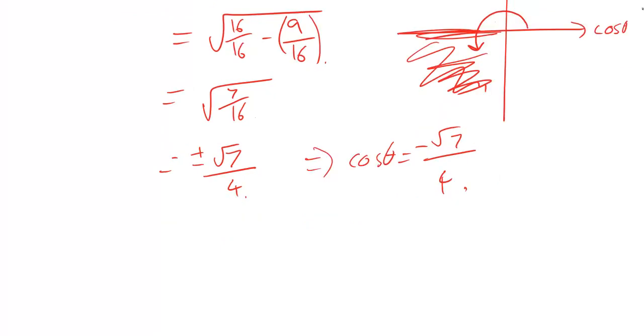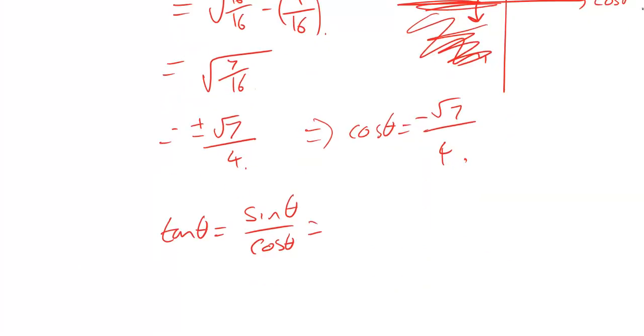Now, we've got the cosine theta and we've got the sine theta, so we can use those values to find out the tan theta value. So tan theta is sine theta over cosine theta. And if you remember, sine theta is given as minus 3/4. We have just worked out the cosine theta value, and that is minus root 7/4.